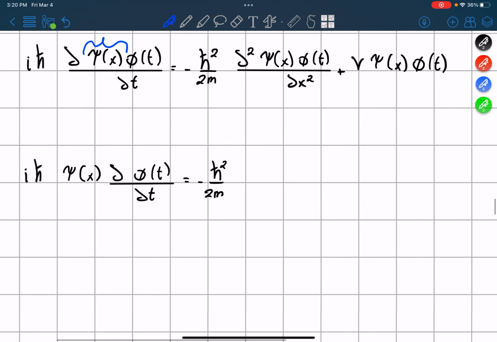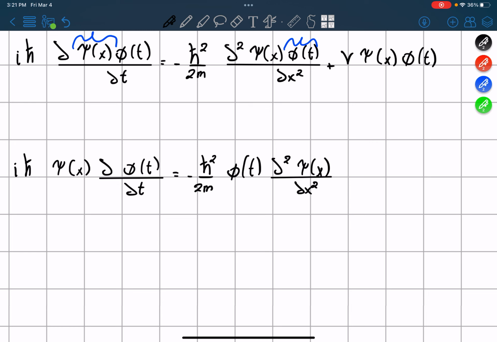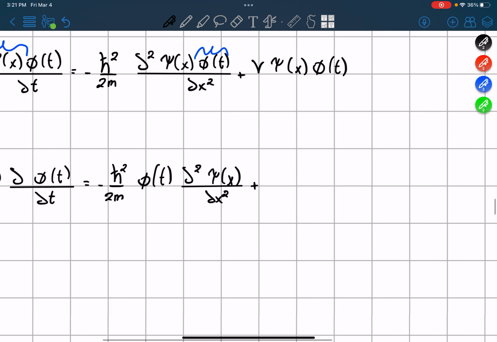But again, this part is just in terms of t, so it's just a constant, so we can take it out. We're going to have phi of t times the second derivative of our little psi, not capital, in terms of x squared, plus, and here we'll just say that it's going to be V times capital Psi, and then phi of t.